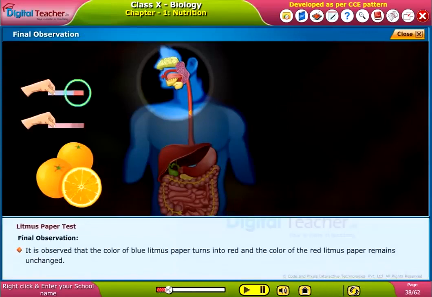It is observed that the color of blue litmus paper turns into red, and the color of the red litmus paper remains unchanged.